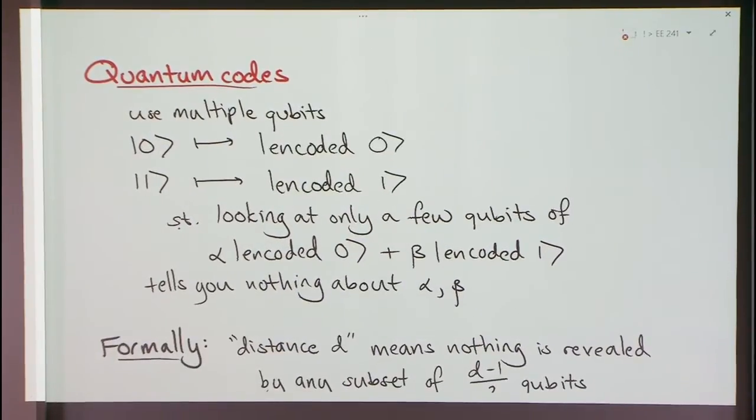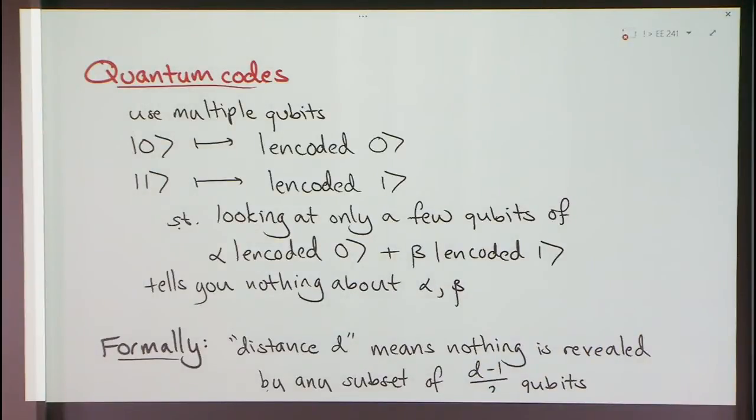What do we want when we talk about a quantum error correcting code instead of just this repetition code? It's going to be the same idea. We're going to take cat 0 and encode it as something. Cat 1 is going to be encoded as some other multi-qubit state. The key property we need is that looking at a few qubits of some encoded state, say alpha times the encoded 0 plus beta times the encoded 1, should tell you nothing about alpha and beta.